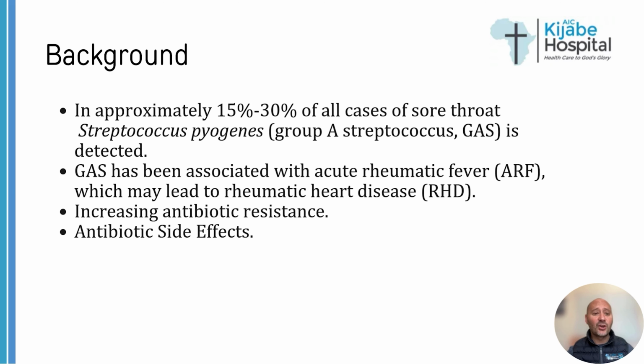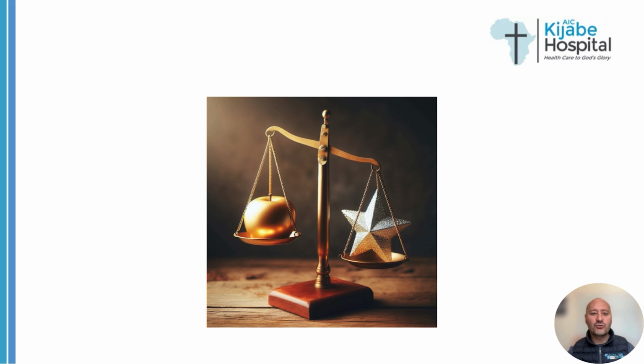We're balancing that though with the global increase in antibiotic resistance and of course the side effects of antibiotics for our individual patient. So how are we going to get that right? How do we balance not missing the cases who are bacterial and need antibiotics, while also avoiding overusing antibiotics when it's inappropriate for viral infections, and therefore contributing to the increased risk of antibiotic resistance and of side effects for our patients?